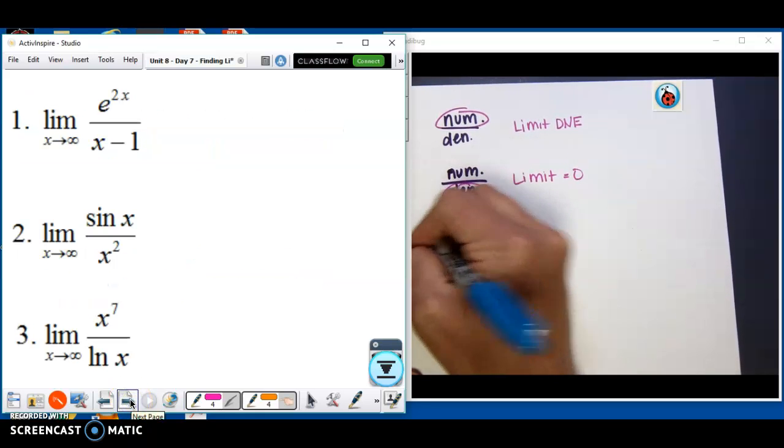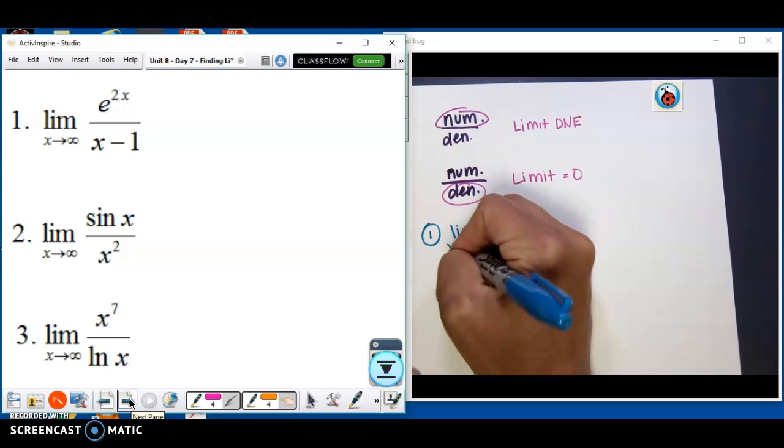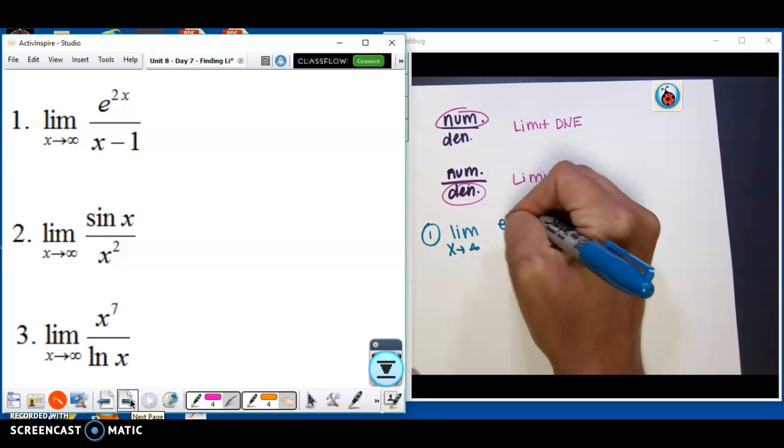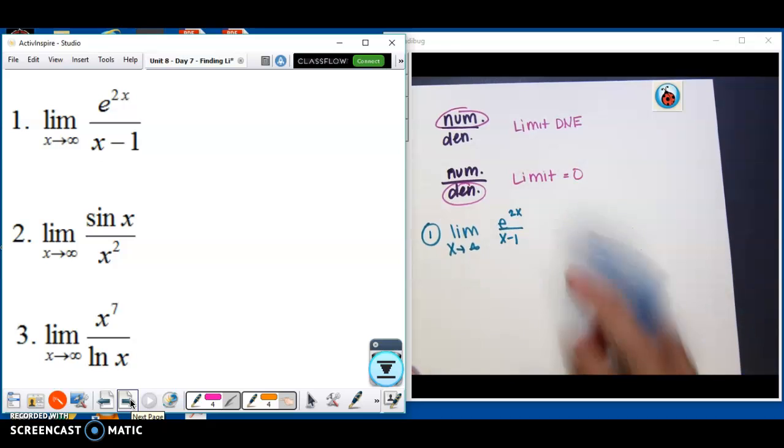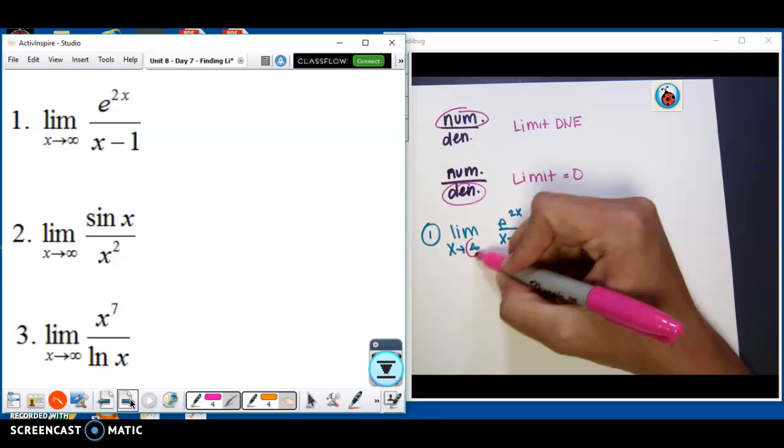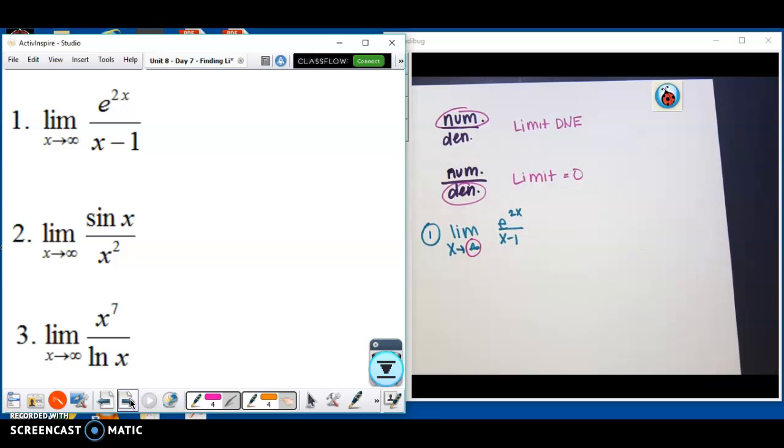If you look at the first one, we have the limit as x approaches infinity of e to the 2x over x minus 1. So when are you even going to use this? Well, it's the limit as x approaches infinity or negative infinity, so you can't just plug in. And in end behavior, they're not both just algebraic, so it's not like x squared on top. We have two different types of functions.